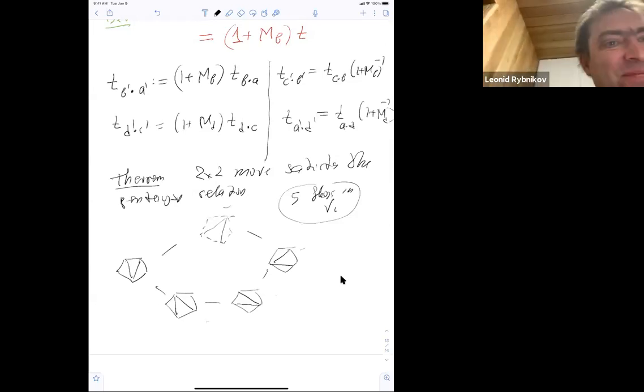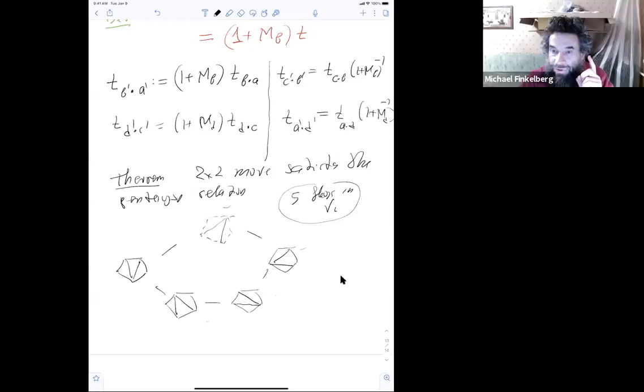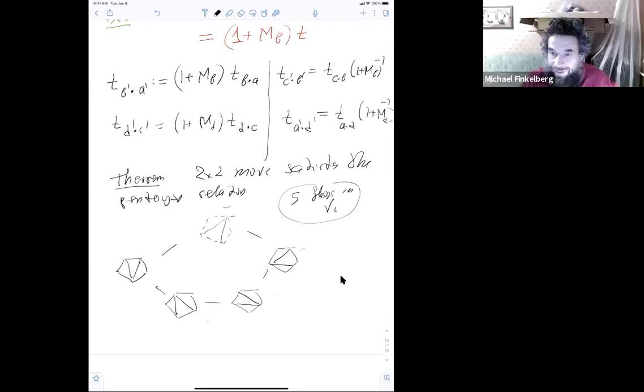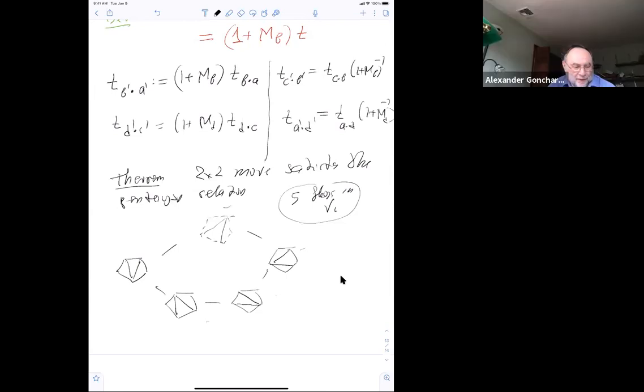But just to make sure, if you go back from right to left via the same 2 by 2 move, do you get the initial data? Certainly. Otherwise, I wouldn't be talking about this. The point is that these formulas don't appear out of the blue.